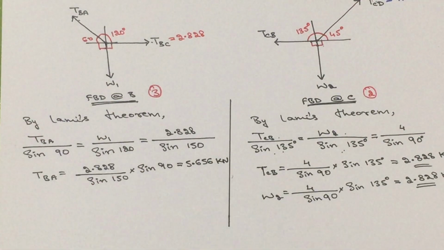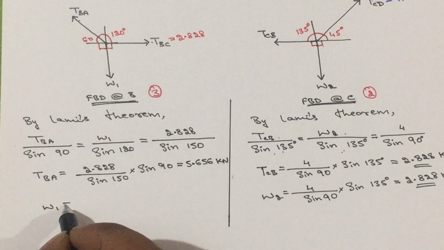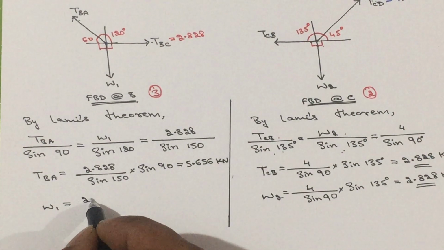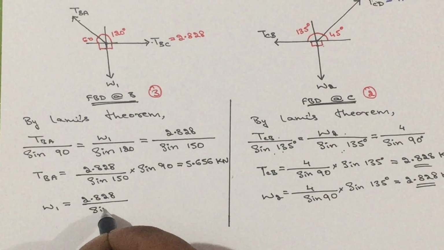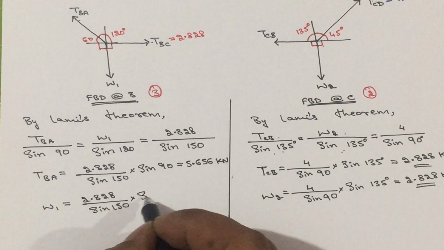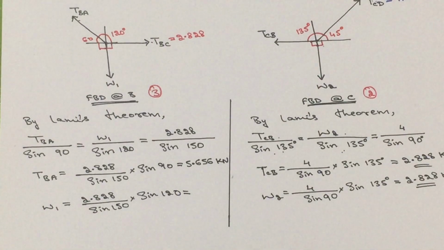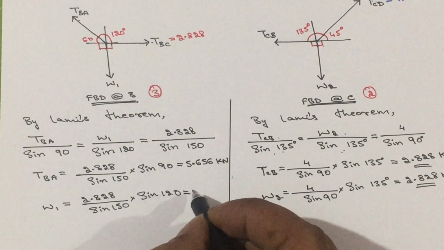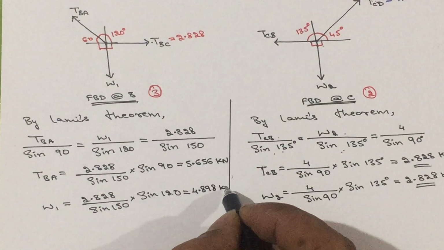Then select the second part and the last part. You will get W1 is equal to 2.828 divided by sine 150 multiplied by sine 120. So you will get the value as 4.898 kilonewton.